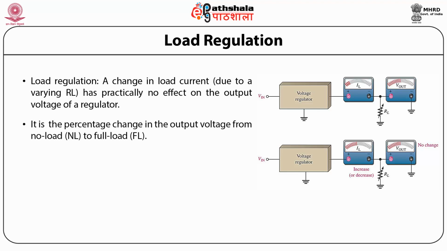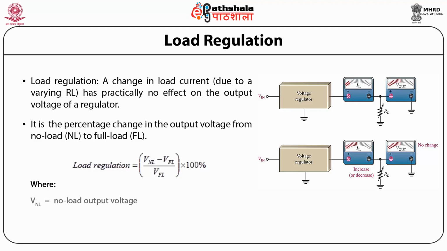Basically, it is the percentage change in the output voltage from no load (NL) to full load (FL). That is, load regulation is equal to VNL minus VFL divided by VFL multiplied by 100%, where VNL is the no load output voltage and VFL is the full load output voltage.